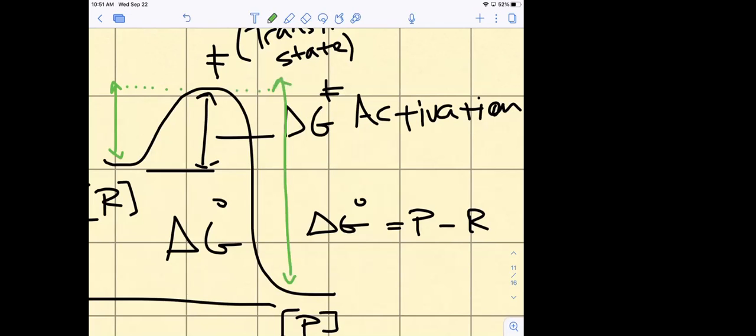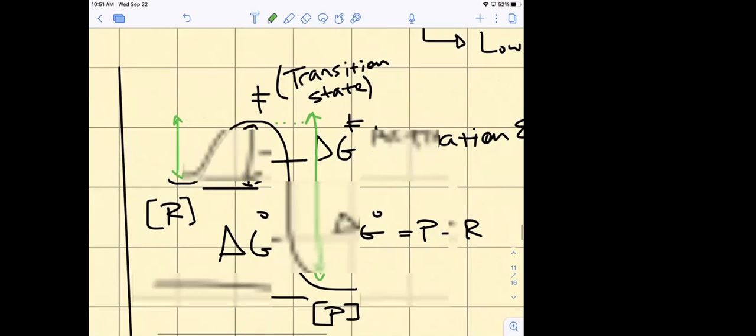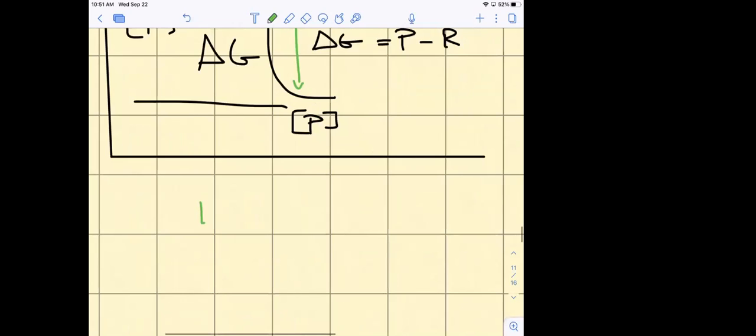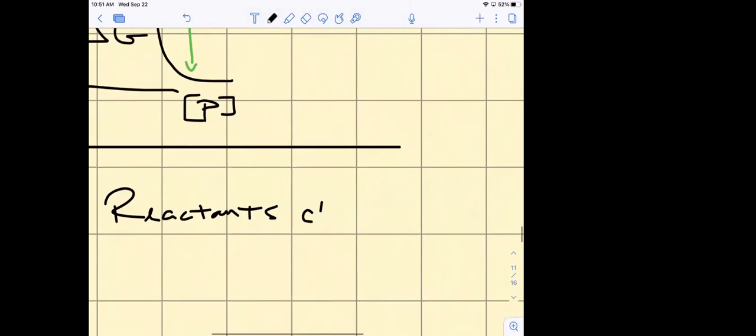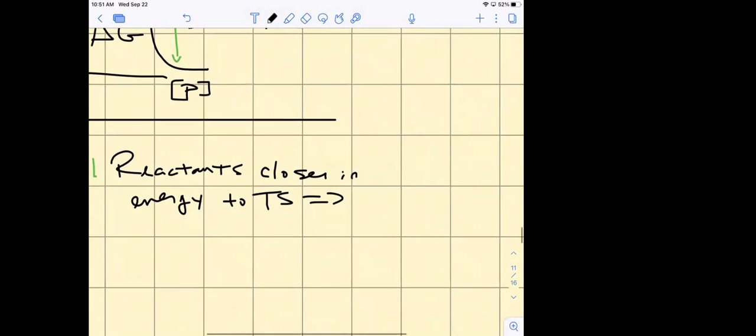Big difference, right? So in this case, the reactants are closer in energy to your transition state.